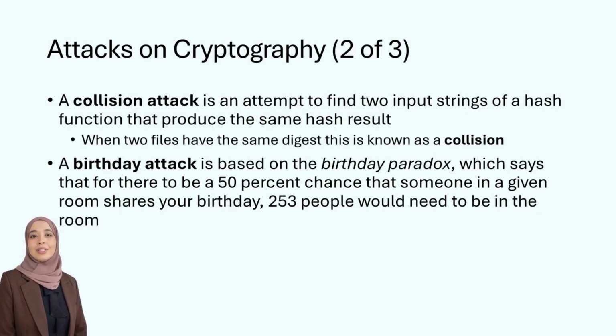Then we have the birthday attack, which is based on something called the birthday paradox. It's like this: in a random group of just 23 people, there's about a 50% chance that two people share the same birthday.